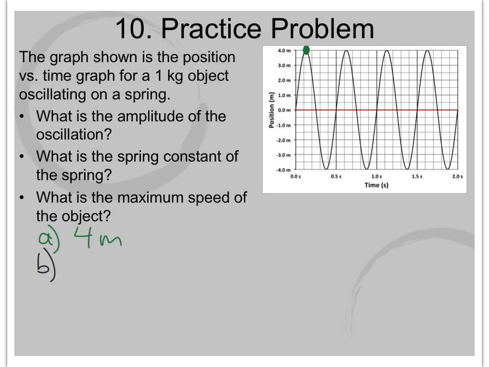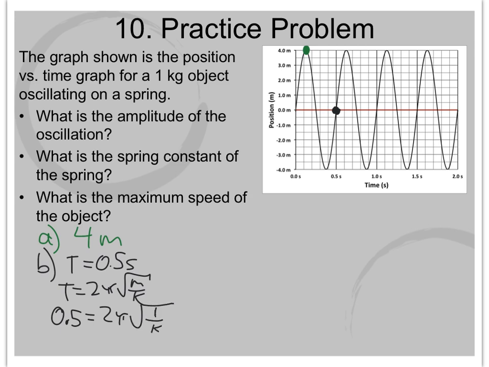For the second question, we're asked about the spring constant, and so what I'm going to do is two things. I'm going to interpret the graph, and so I'm going to find that the period, this point here where it begins to repeat itself, is 0.5 seconds, and I can use that period in my equation 2 pi times the square root of m over k to solve for the spring constant. So I can say 0.5 equals 2 pi times the square root of 1 over k.